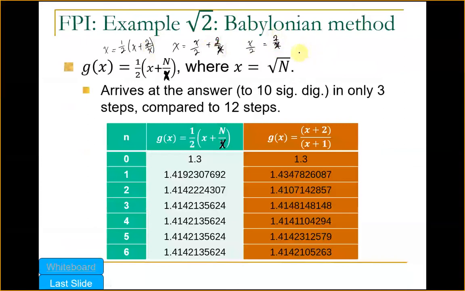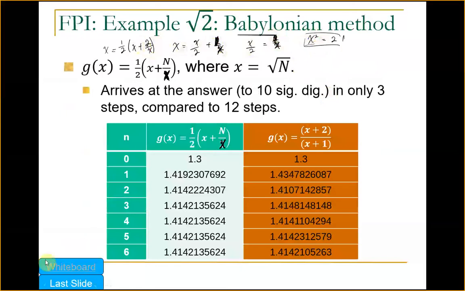So let me see. x equal 2 over x. Oh, this should be 1 over x, pardon me. And then this should be 1 over x. So this becomes x squared equal 2. Yeah, that's correct. Or any other number for that case, if I write it out.